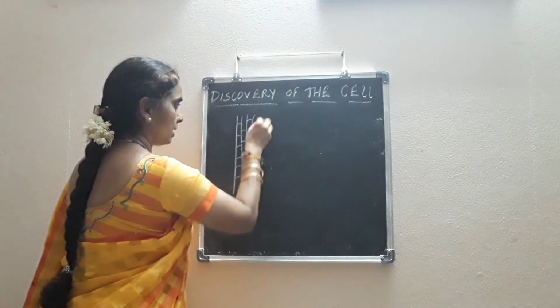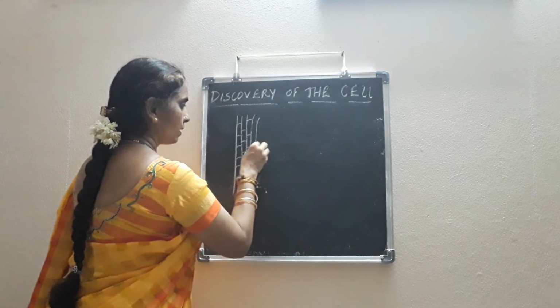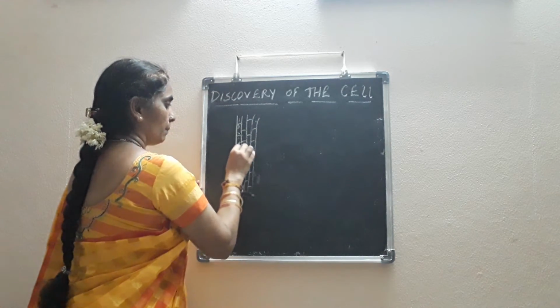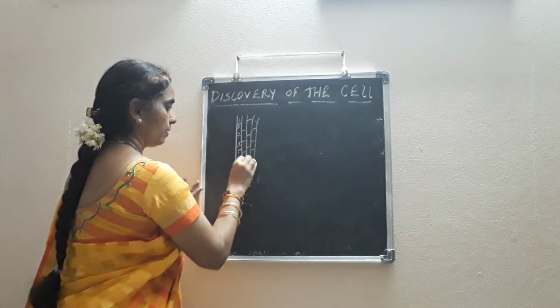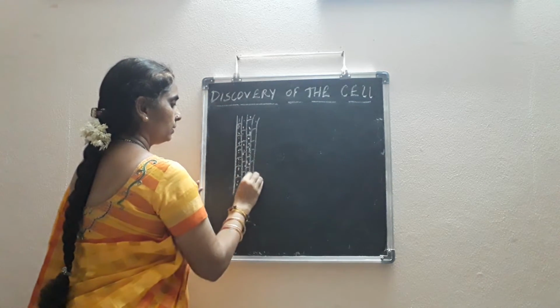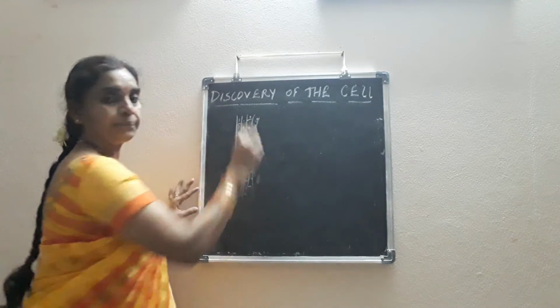These are the rectangular shaped cells that you observe in the dead cells of the matchstick. Did you understand? These are the dead cells.